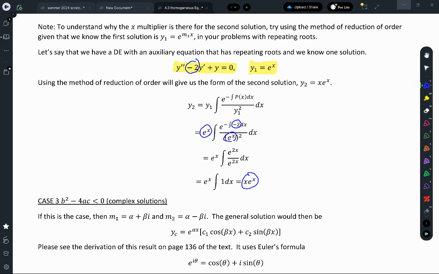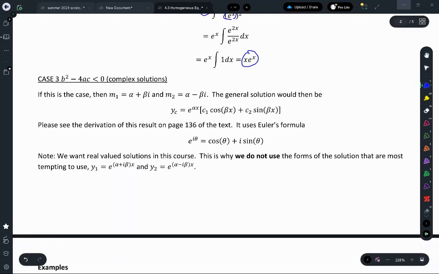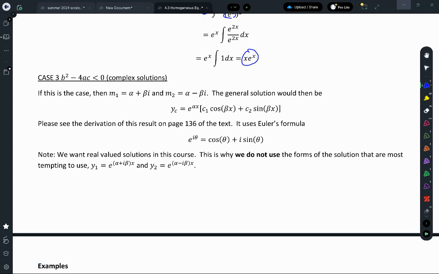The third case, we need the form of our solutions for the complex problems. In this case, m1 is equal to some alpha plus beta i, and m2 is equal to some alpha minus beta i. The general solution will be written as y sub c equals e to the alpha x. So the alpha was the real part of the complex number, and then all in parentheses c1 cosine of beta x plus c2 sine of beta x.